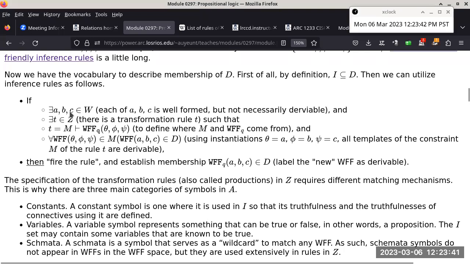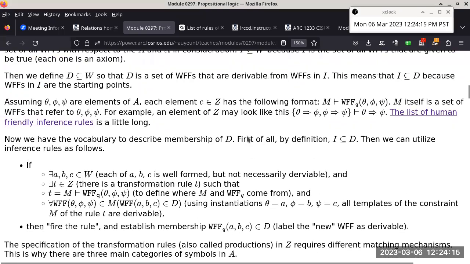If there exist A, B, C in W, each one is well-formed, but not necessarily derivable, and there exists T in zeta, which means we have a transformation in zeta, such that T is in the form of M inverse WFFQ of the three Greek symbols, theta, phi, and psi, to define where M and WFFQ come from. And WFFQ is, okay, let me see what that means.